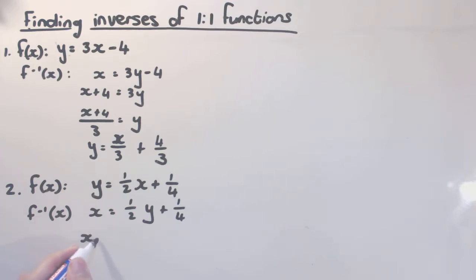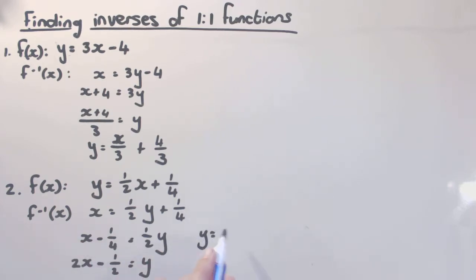So I've got x minus a quarter is equal to a half y. And then I can just multiply throughout by 2 to get rid of this half. So I've got 2x minus a half is equal to y. Or you can just write it the other way around: y is equal to 2x minus a half.